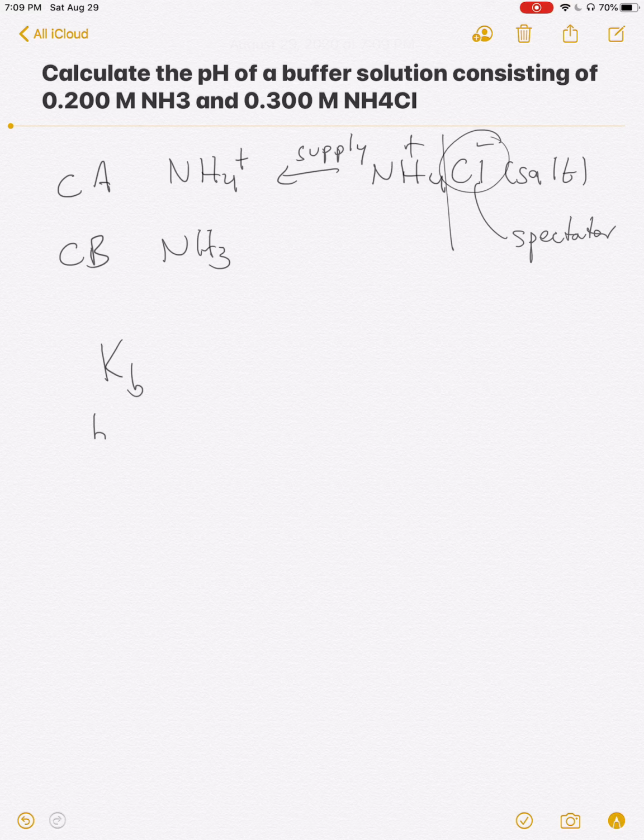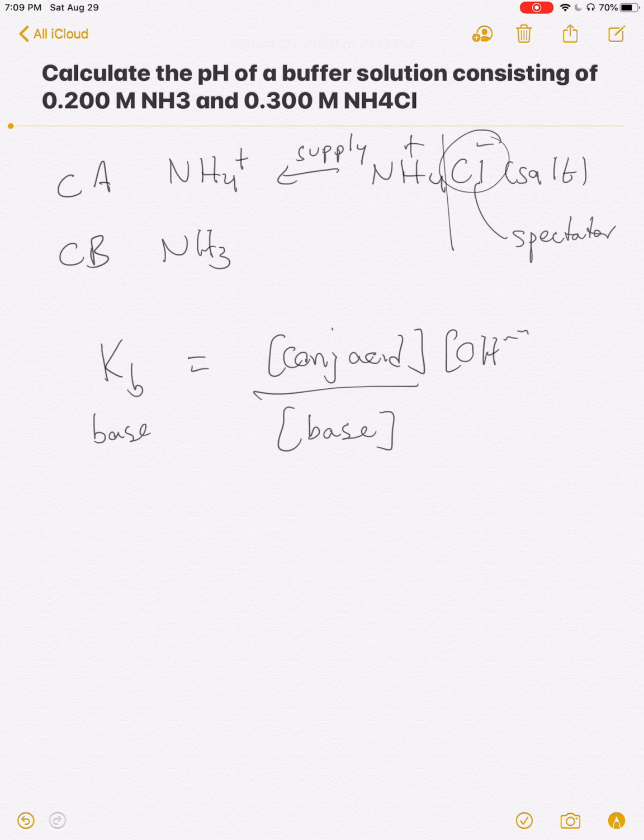expression. And the Kb expression of any base has the base concentration in the denominator and the conjugate acid and hydroxide in the numerator.